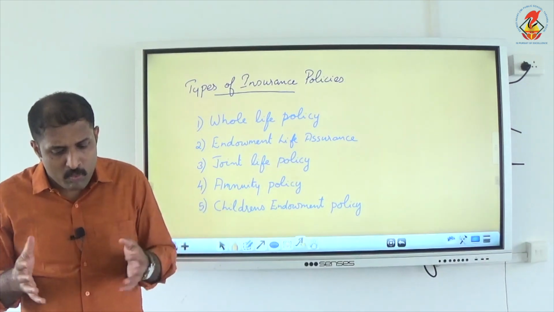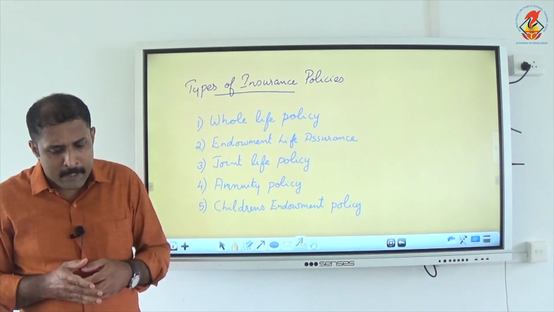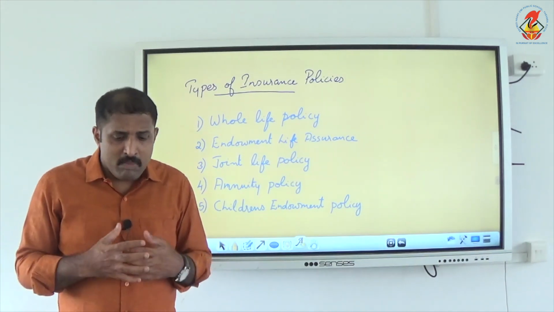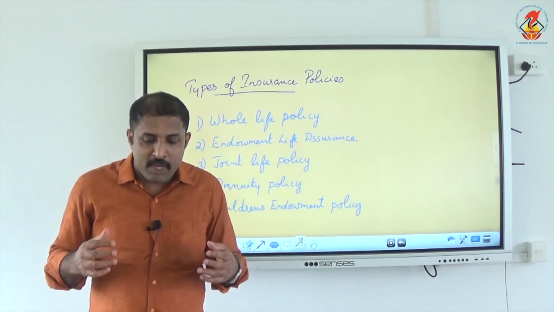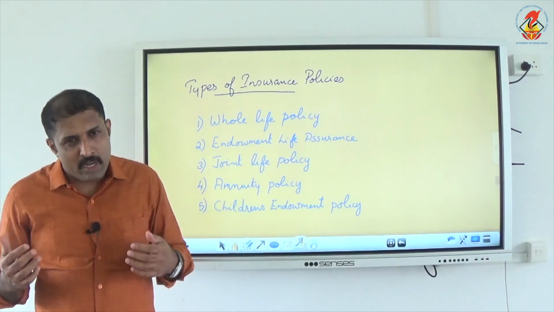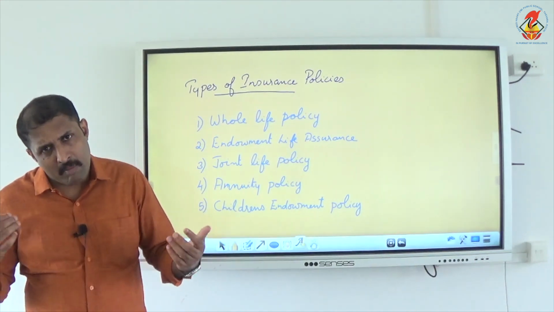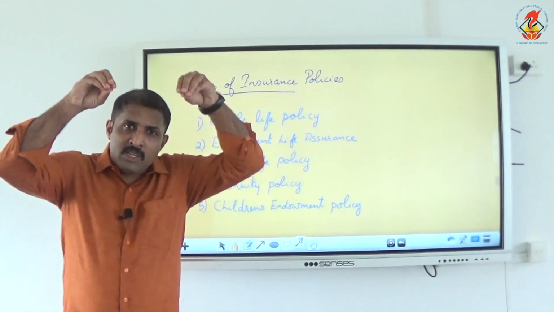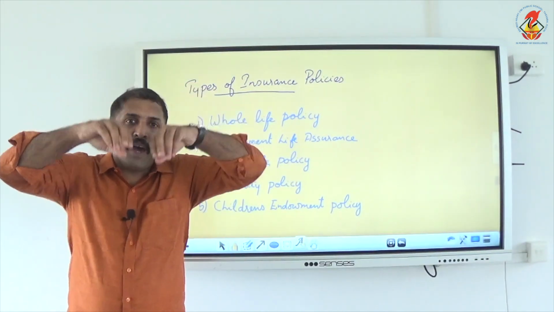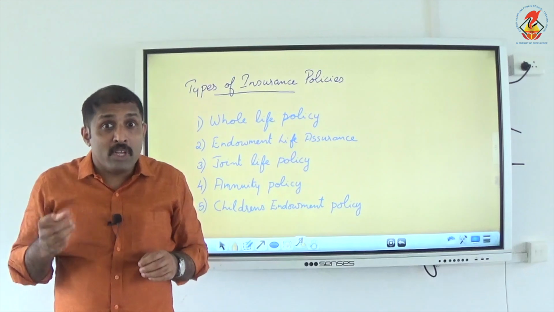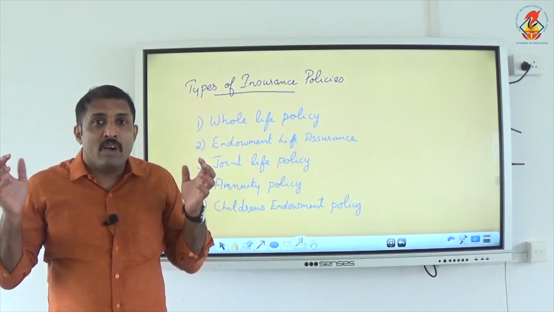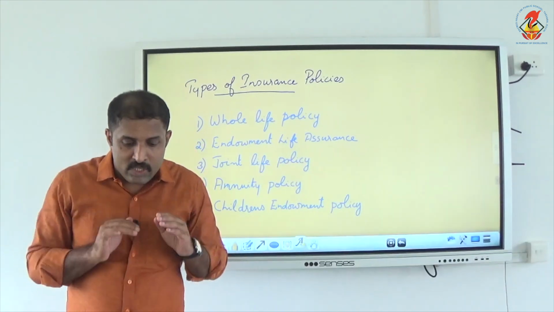The premium is paid by the person who is entering into the contract. For example, a father or mother is paying the premium, and this assured amount comes back for meeting the expenses of education or marriage of their children at a particular age.